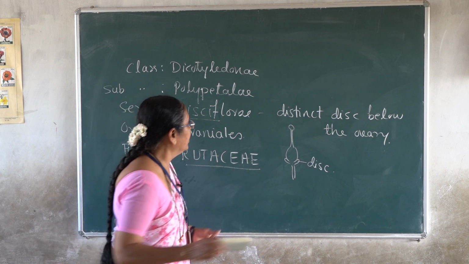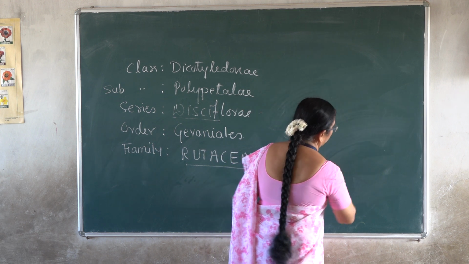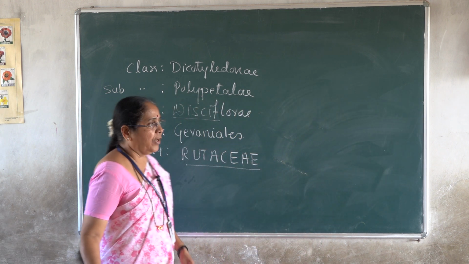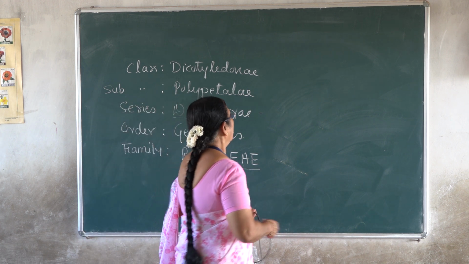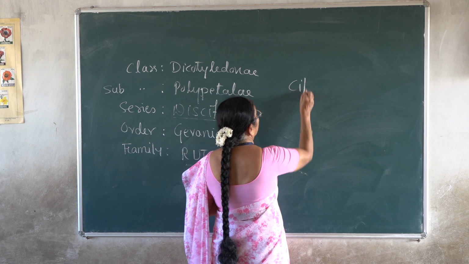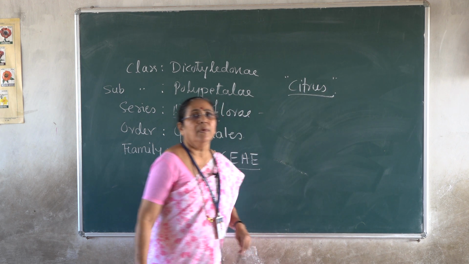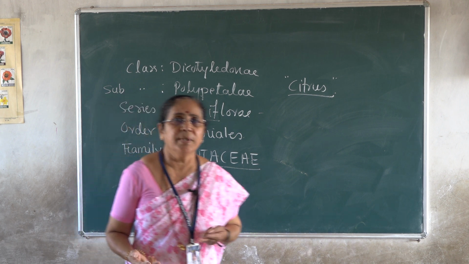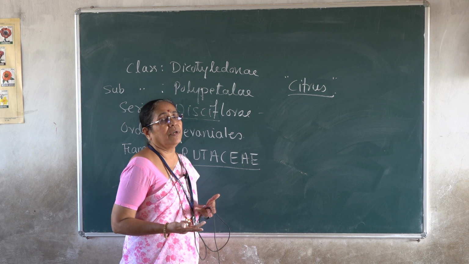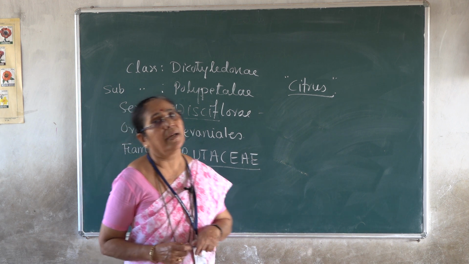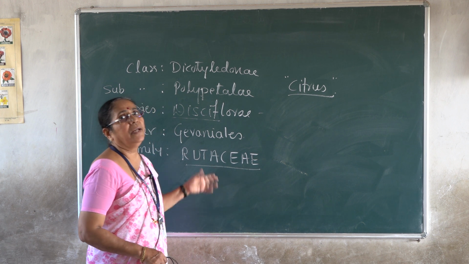So let us begin with the family Rutaceae. Introduction to this family: the Rutaceae family is represented by the citrus fruits. That is why this is called the citrus family. All these lemon, orange, Mosambi belong to the citrus category, and all those fruits which are rich in vitamin C are the citrus fruits, and all the citrus fruits belong to the family Rutaceae.